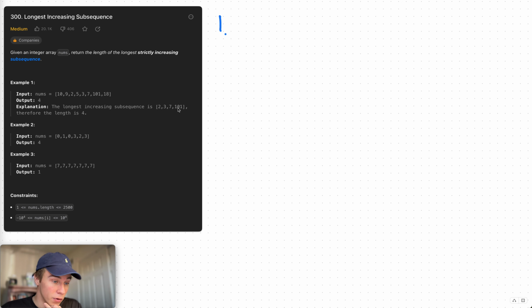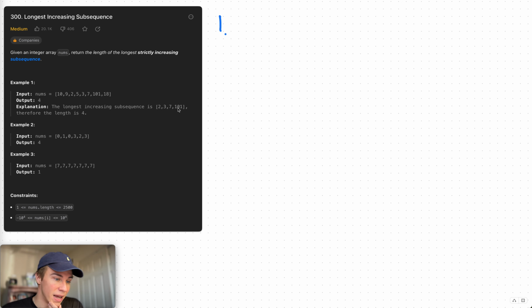Let's have the first one be me iterating through the array and keeping track of the current longest increasing subsequence and its end.